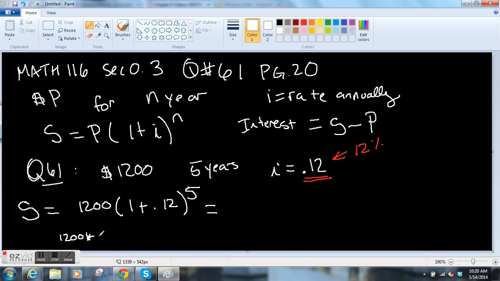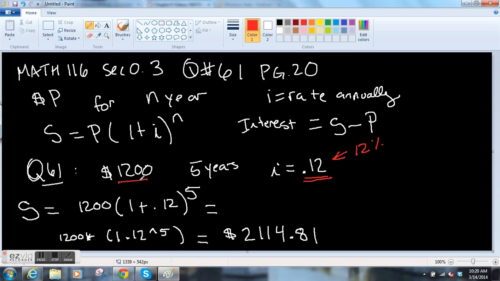Make it a little star, times 1.12 raised to the 5th, like that. And you get this number that's not super clean, but it's satisfying in that it's big, so you made a lot of money. So that's $2,114.81.